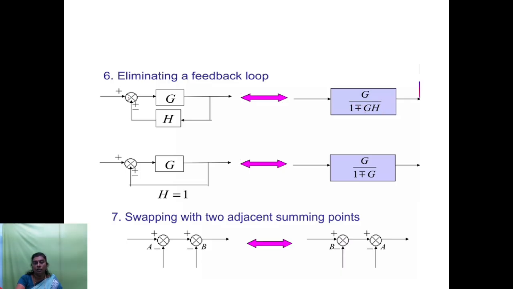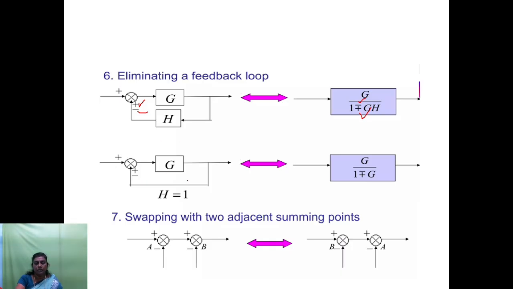That means if you have a positive feedback system, you have to put a negative symbol here. If you have a negative feedback system, here you have to put positive. So G divided by 1 plus or minus GH. Depending upon the feedback loop, we have to apply the formula.